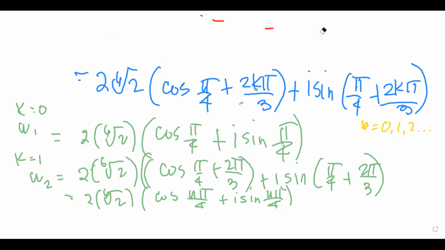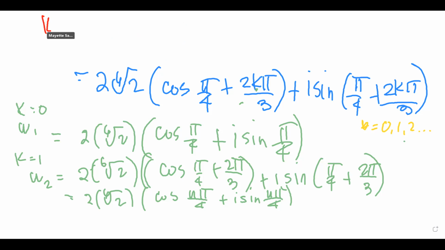Okay, to find the last root, k is equal to 2, because we need to find only 3, since that's z to the power of 3.